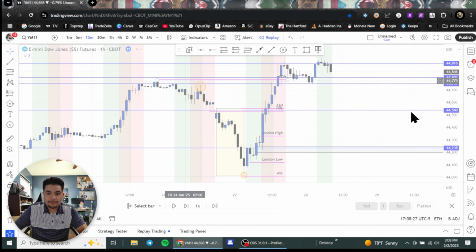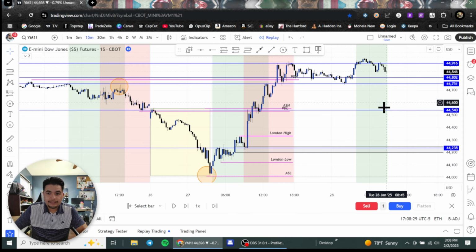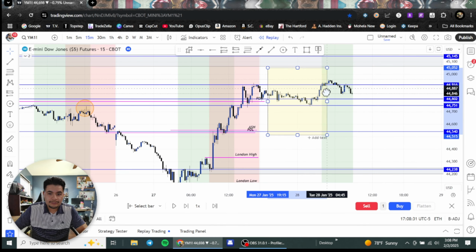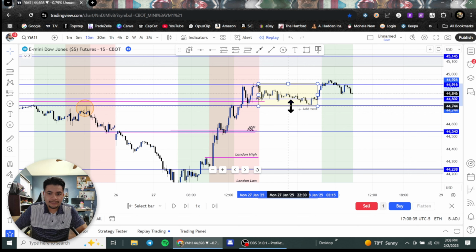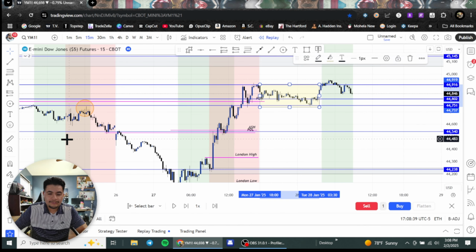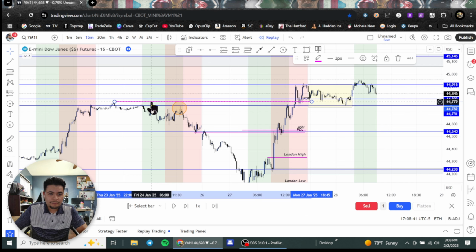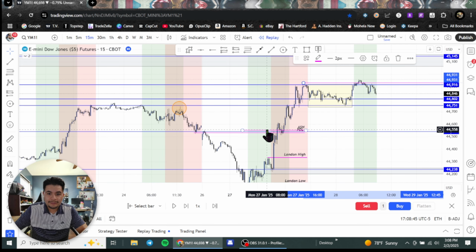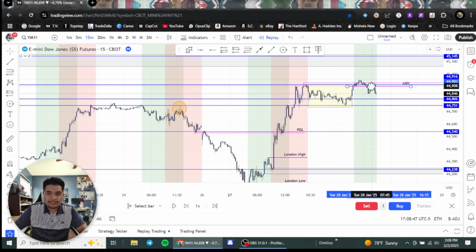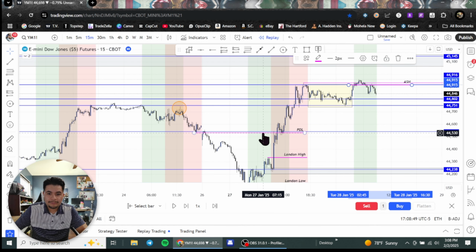Go to 15 or 30 minute, and we're gonna move this Asian session range. Previous day high, which was right there. Asian session high, which is right there.